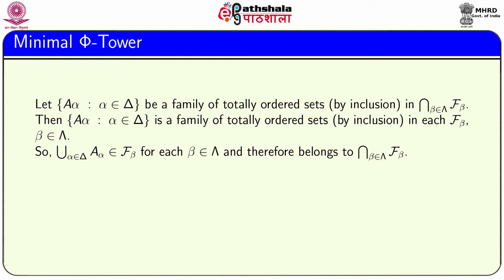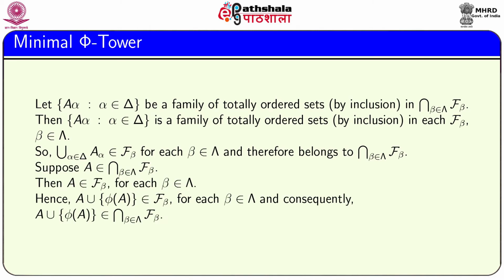If we take A alpha, a collection of totally ordered sets by inclusion in the intersection of F_B, then this collection A alphas is a collection of totally ordered sets by inclusion in each of these F_B, and therefore, the union A alpha is inside F_B for each B belonging to lambda, and therefore, this union will be inside the intersection of F_B.